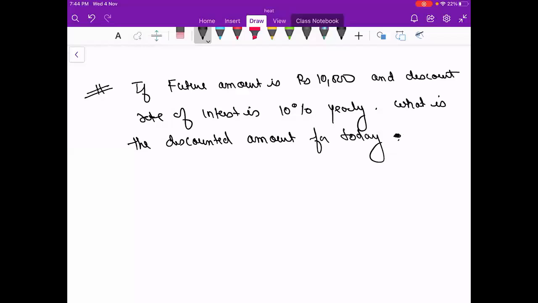Calculate this. If the future amount is 10,000, here you can write after 1 year.